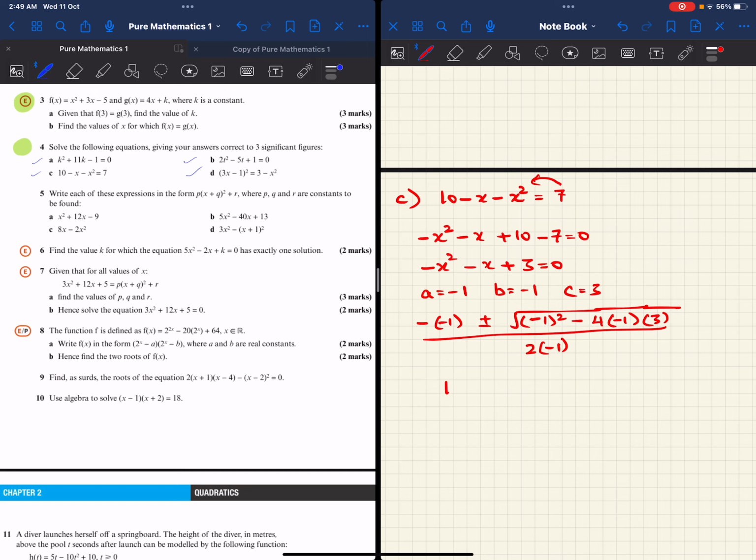So that becomes 1 plus or minus square root of 1 squared plus 4 3s are 12. So 12 plus 1 is 13, divided by negative 2.